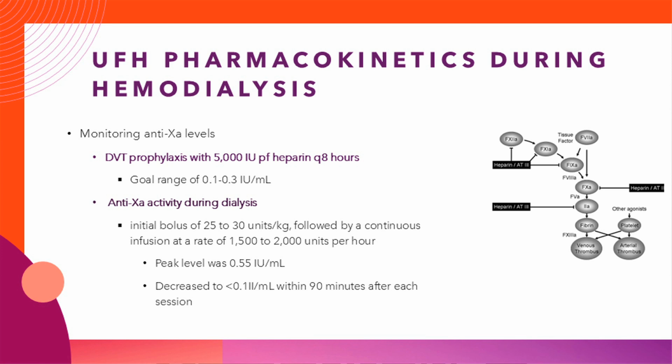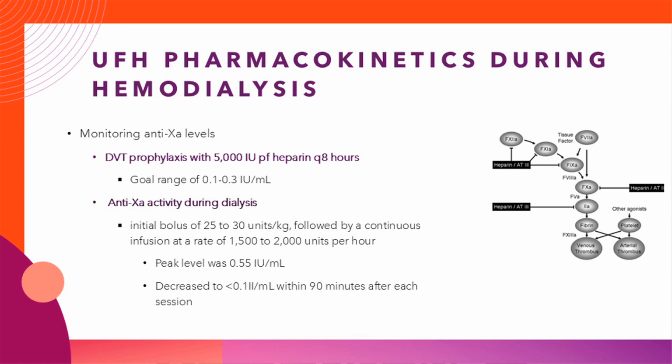But in the study that they did here, when it came to anti-10A analysis, they used something similar to what we use in hemodialysis centers, which is an initial bolus of 25 to 30 units per kg, followed by a continuous infusion rate of 1,500 to 2,000 per hour. And what they saw was that the peak level of anti-10A was 0.55.